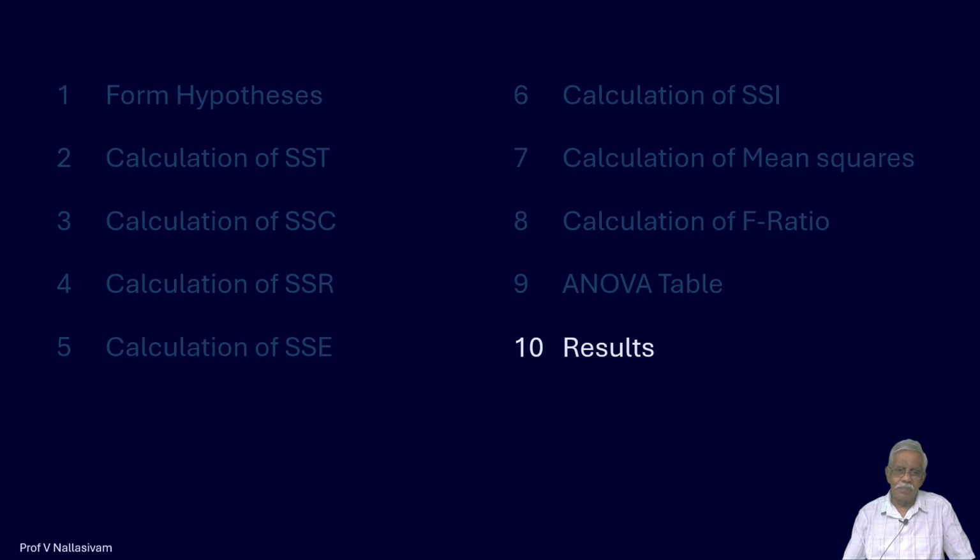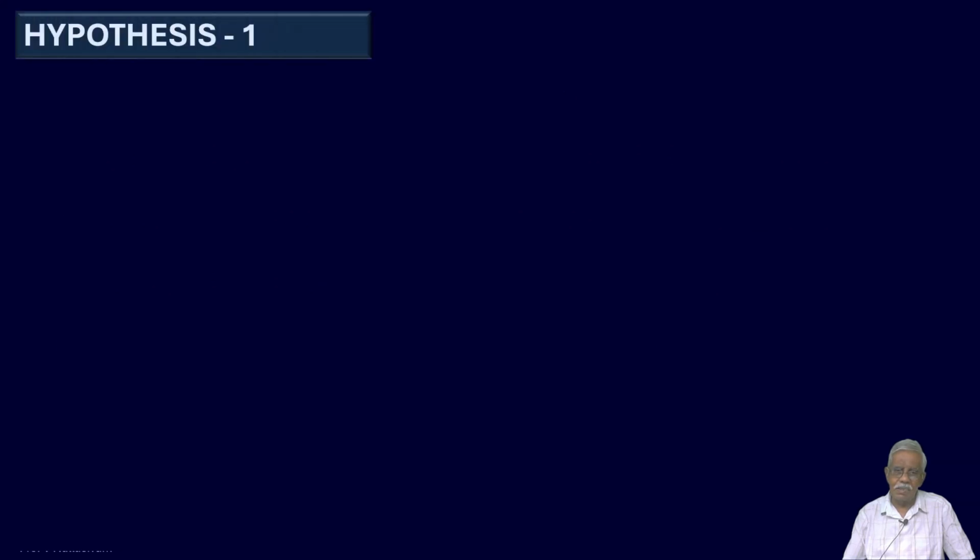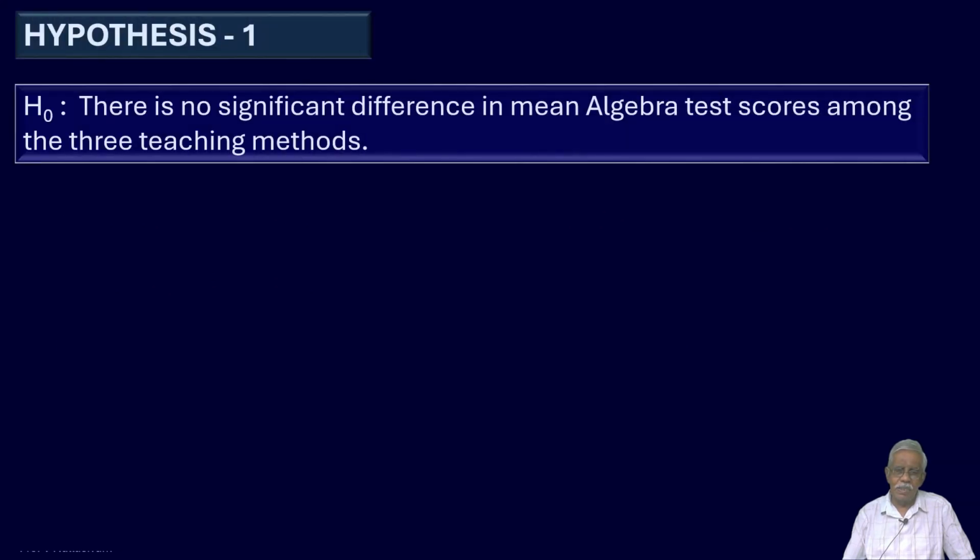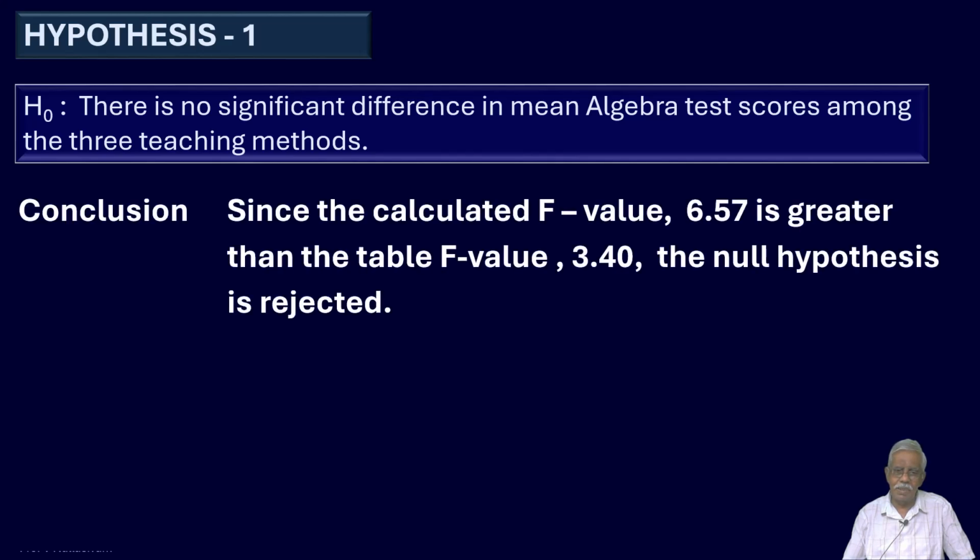Finally, the results. We have come to the end part of our discussion. It's time to declare results. Hypothesis 1. There is no significant difference in the mean algebra test scores among the 3 teaching methods. Conclusion.